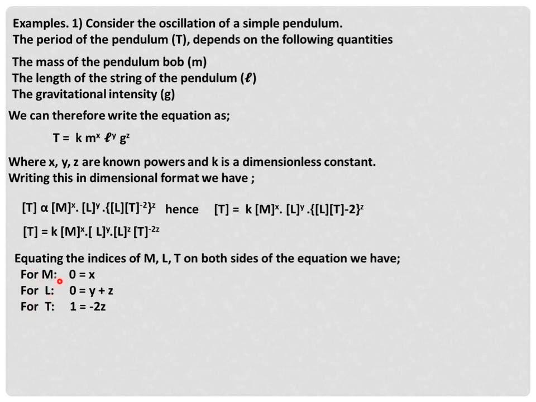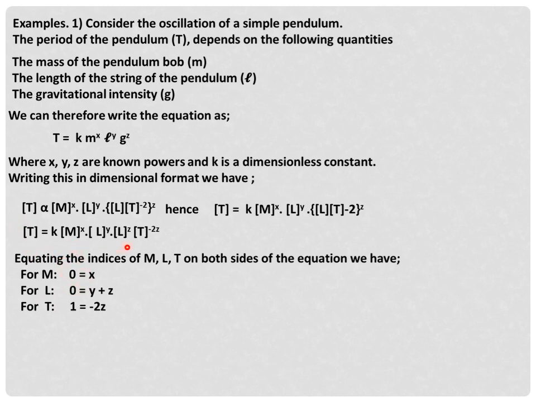Now for L, we are looking at all of these dimensions. For L, on the left hand side, there is no L, meaning that it is like T times L raised to the power 0, because L raised to the power 0 is 1 and T times 1 is still T. Therefore, L on the left hand side has a power 0.